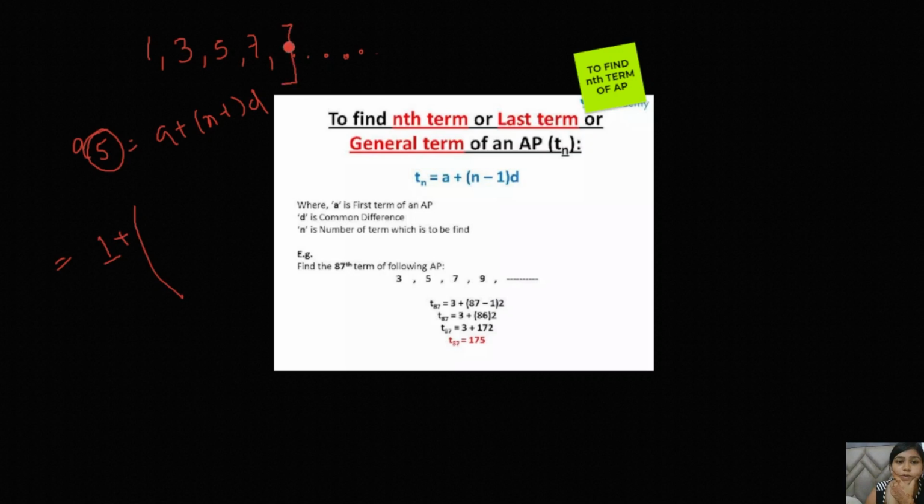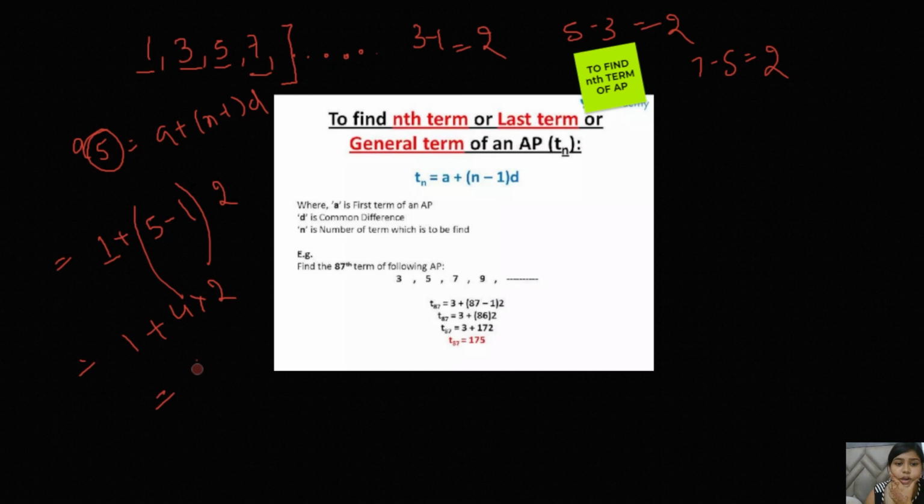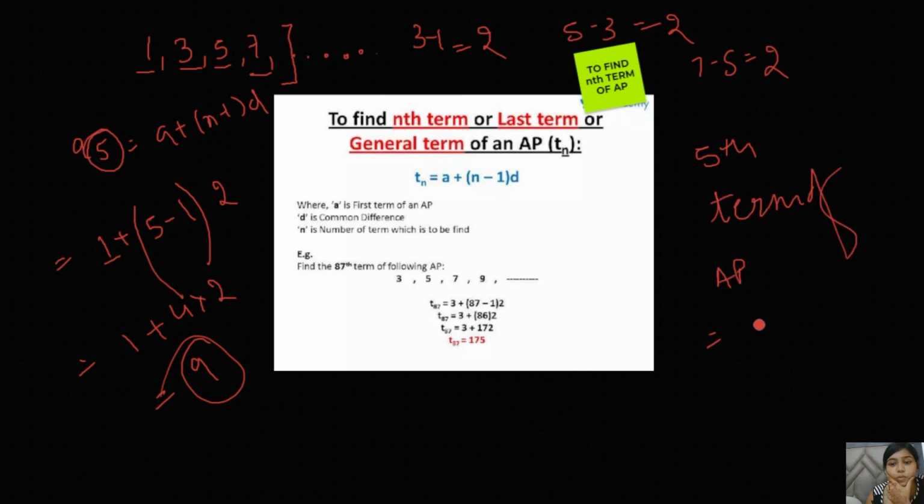For the fifth term, N will be 5, minus 1. D is the common difference, which is 2. It should always be constant. So we get 1 plus 4 into 2, that is 9, as the fifth term of the AP. I hope this is clear to you, that we can find any term of the AP.